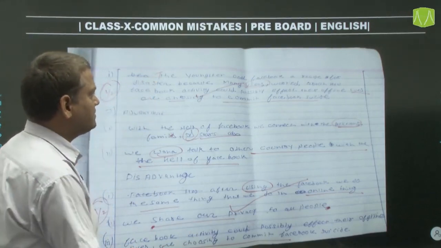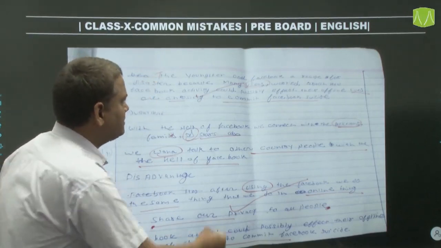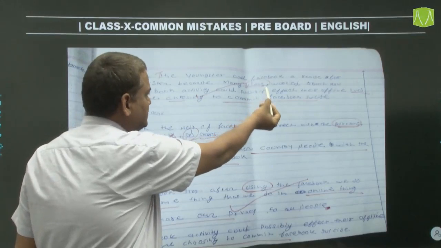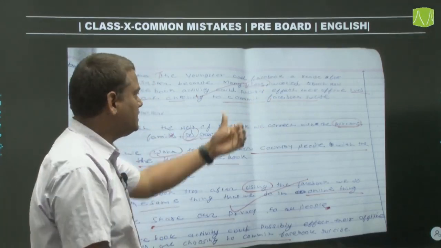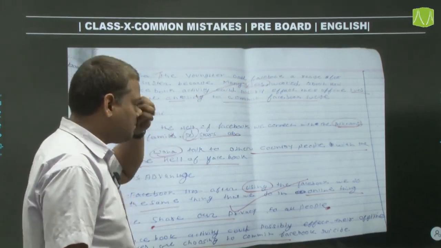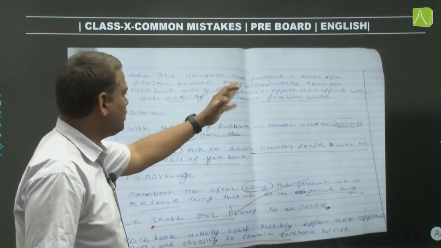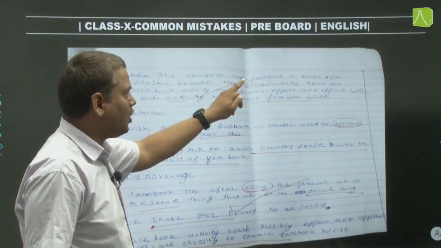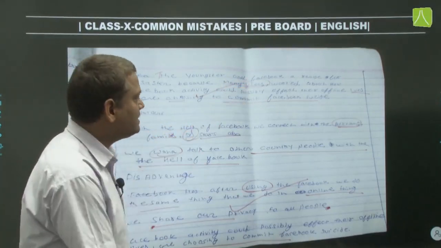So this is the error. Here he has used a comma, that is incorrect. He wants to write users, many users, but I'm not understanding if it's we or you. So don't make these types of errors.